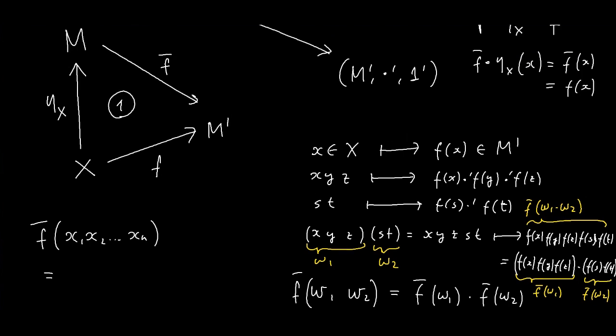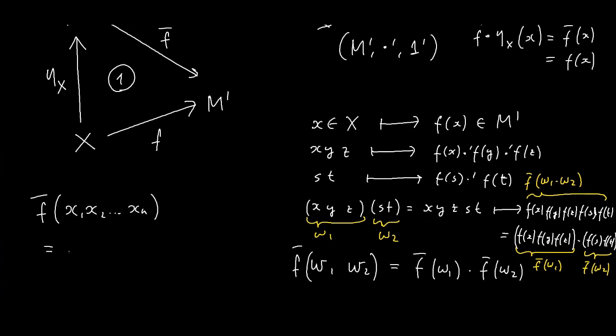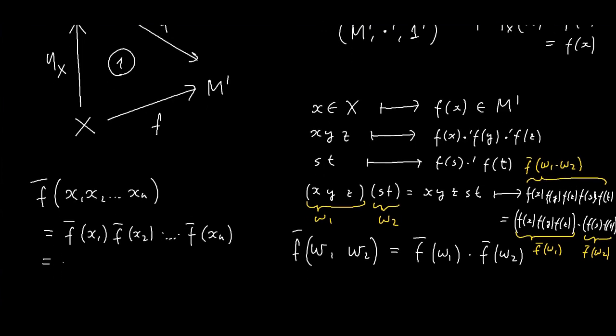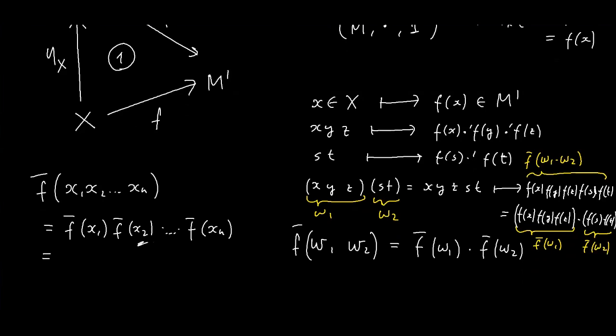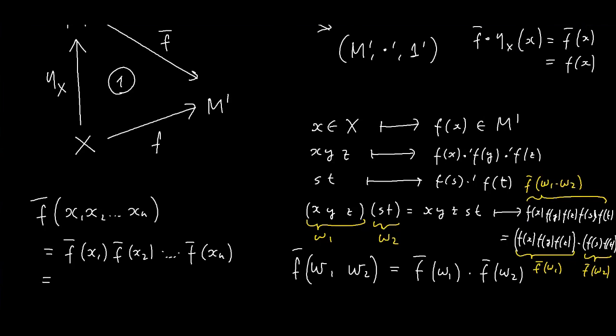Because F bar needs to be a homomorphism, this value needs to equal F bar applied to x1 times F bar applied to x2 times and so on times F bar applied to xn. But then each of these xi's will be equal to, would you like to help me, Alexander?